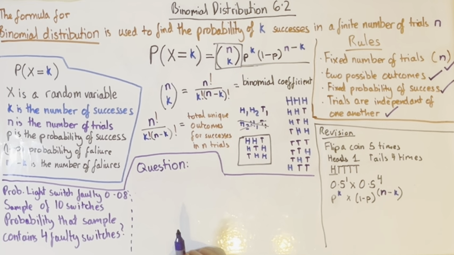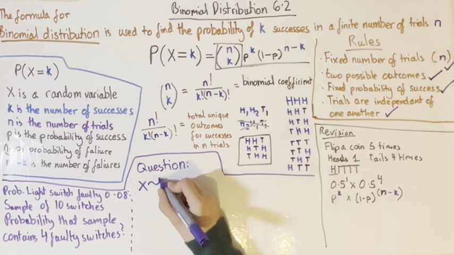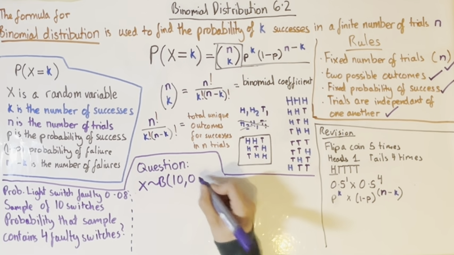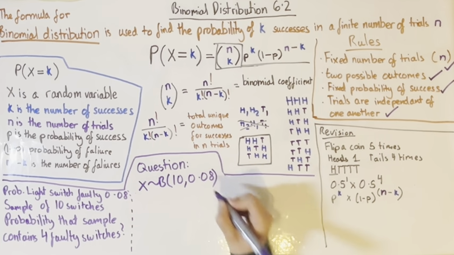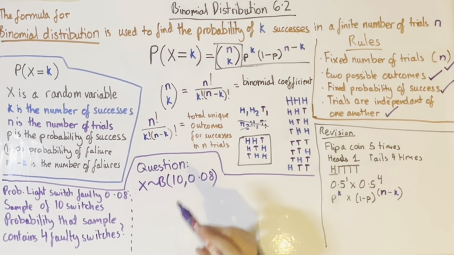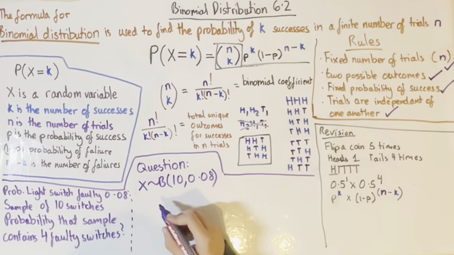So we can write this as X follows a binomial distribution, where 0.08 is our probability of being faulty and 10 is our number of trials. So let's put this in the formula.